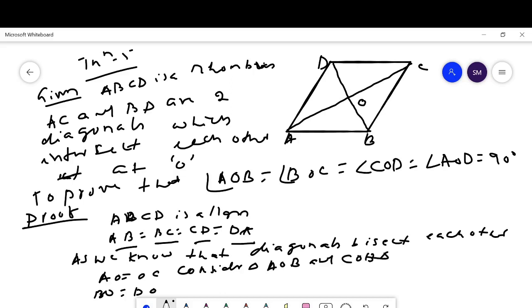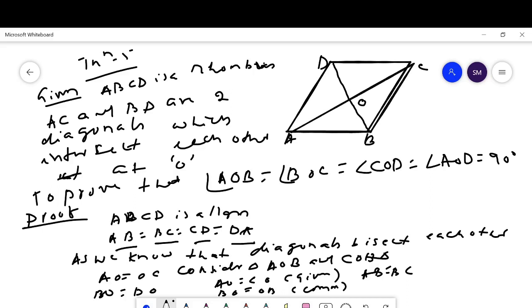Consider the triangles AOB and COB. Here AO is equal to CO, given, and OB is the common side, and AB is equal to BC, as it is a rhombus, so this side is equal to this side.